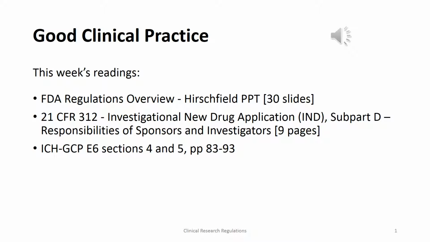It is important to understand that although it's a guideline, the FDA does recognize ICH GCP E6 specifically as their standard, as their current thinking, in terms of good clinical practice. So as you look through those 3 documents, that'll give you a pretty good idea of how those regulations are similar and how they're different.